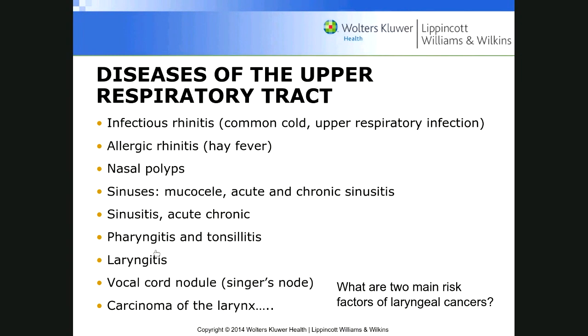Pharyngitis is inflammation of the pharynx, and tonsillitis is inflammation of the tonsil. The suffix -itis just means inflammation, and it depends on the location. The pharynx is the back of your throat.